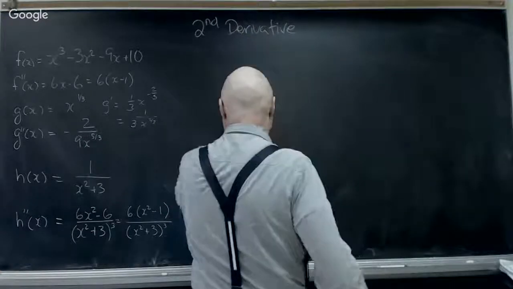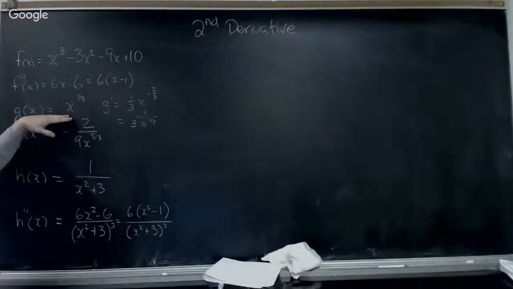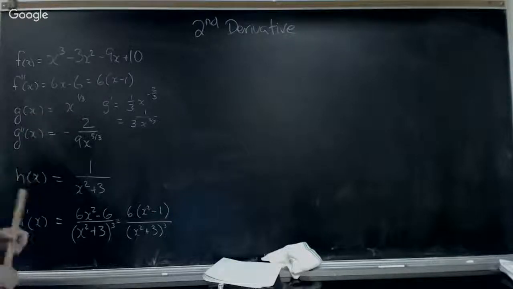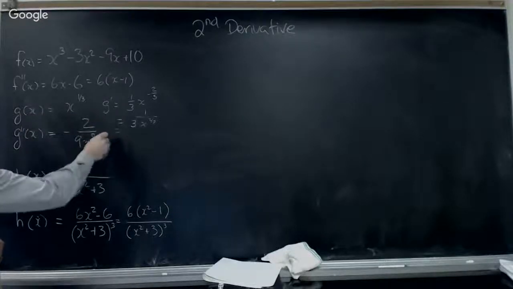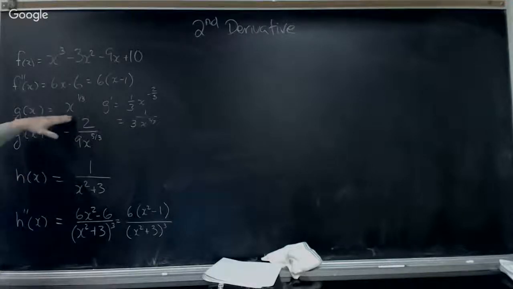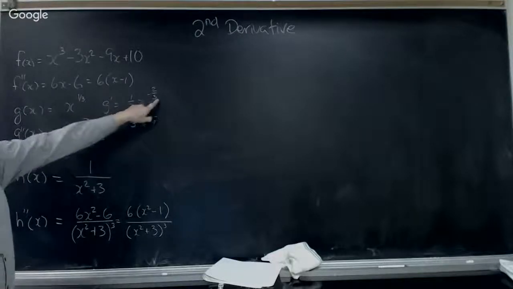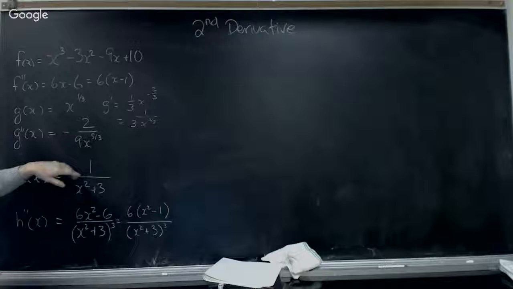Let's go to this function. This is one of those peculiar functions that we were talking about before. This is x to the exponent 1/3. g prime of x, using the power rule, is 1/3 times x to the negative 2/3.